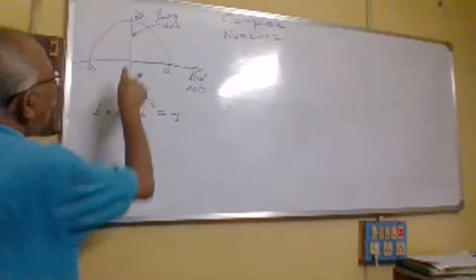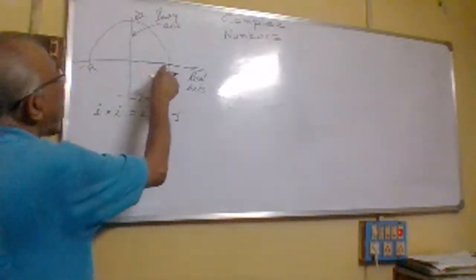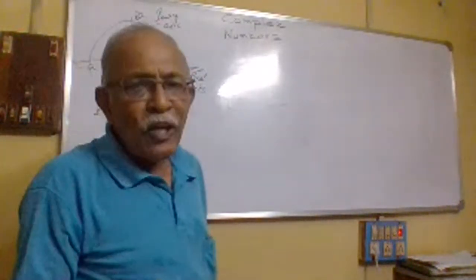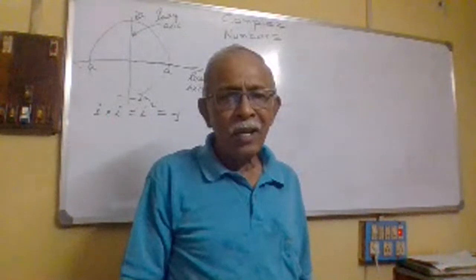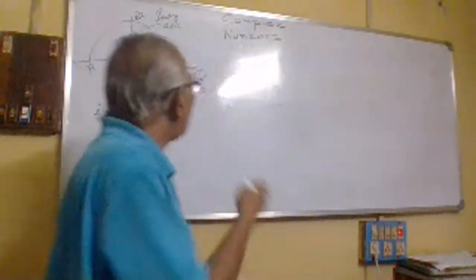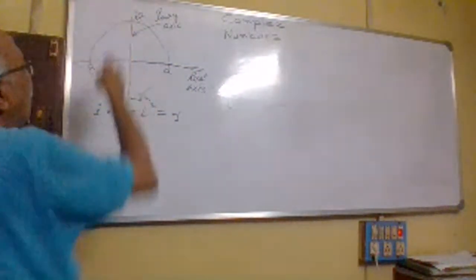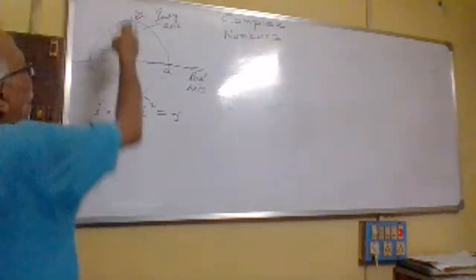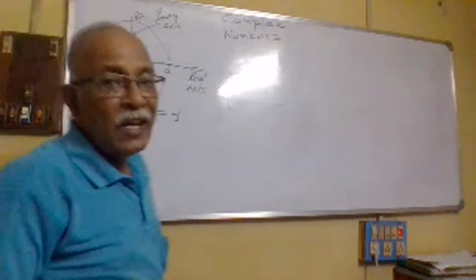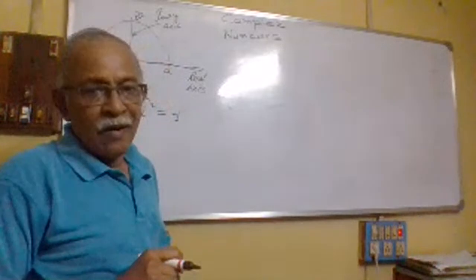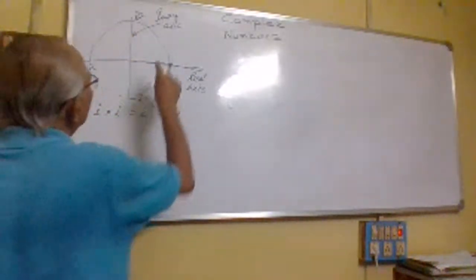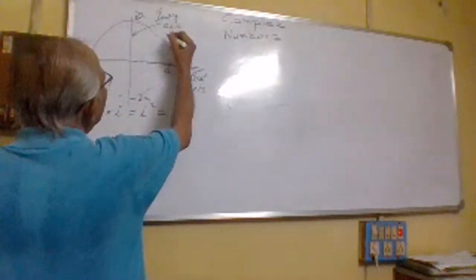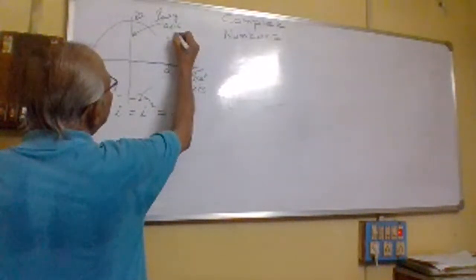That means any point on this number line is a real number. And if we are drawing a perpendicular line, then any point on this line will be an imaginary number. Let us assume that here is a point P.